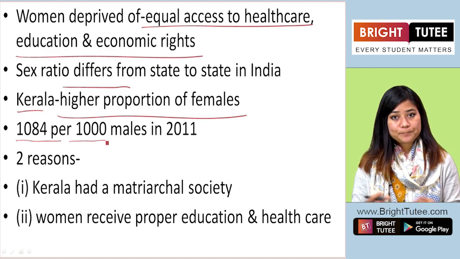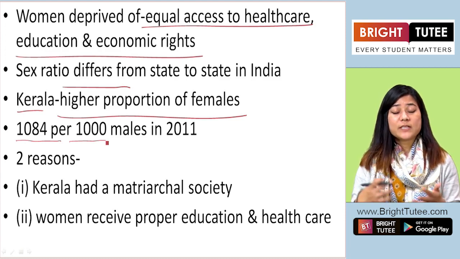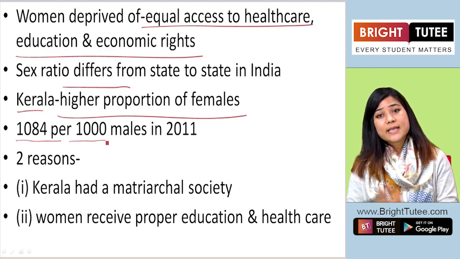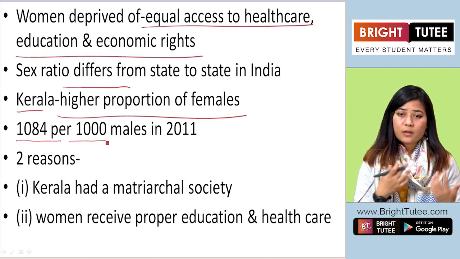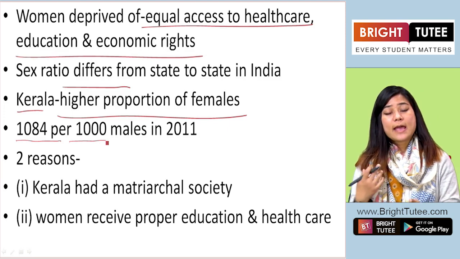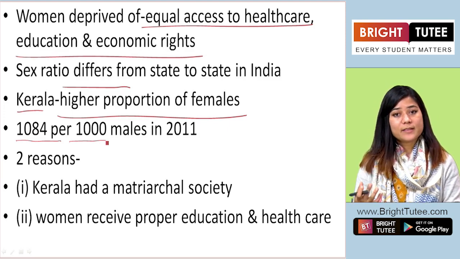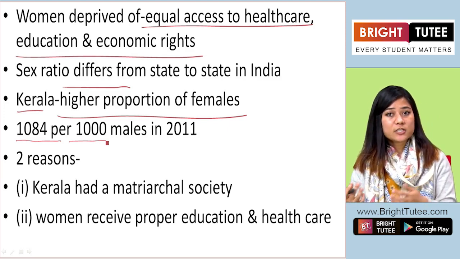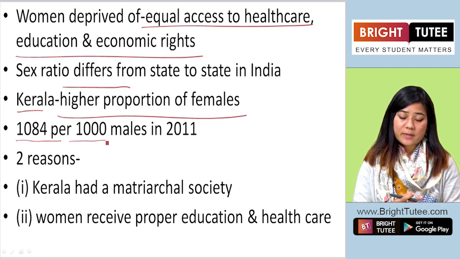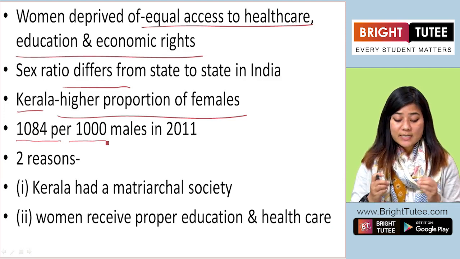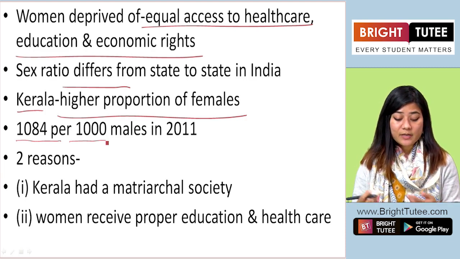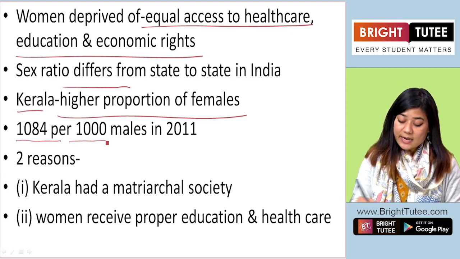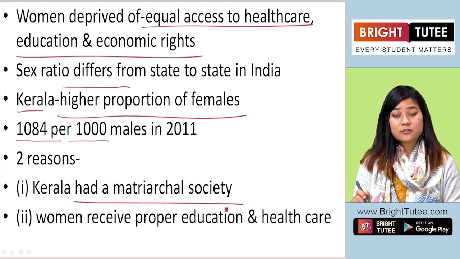Now why so? Overall we saw that sex discrimination occurs because of less care, support, and lack of health care, lack of education and other facilities provided to females. But in case of Kerala, we see the opposite. How does this happen? There are two reasons. Kerala had a matriarchal society.